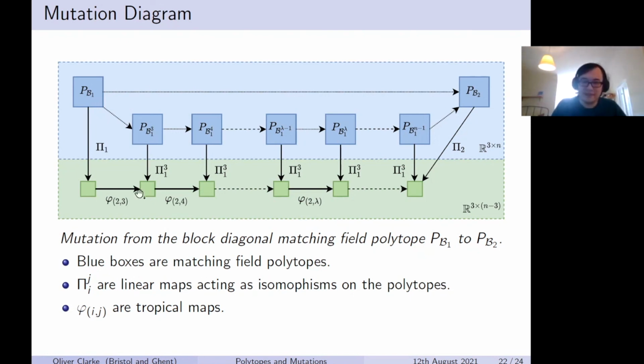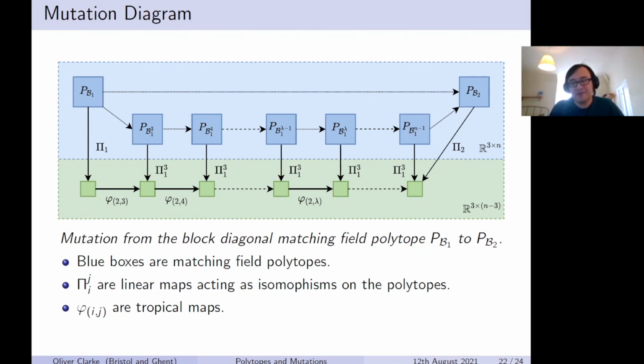Sometimes it's very difficult to determine what's happening to the polytope at each step, because at each step we're just moving a couple of vertices at a time, slowly massaging one polytope into another.